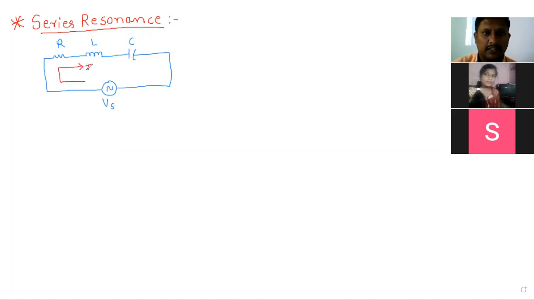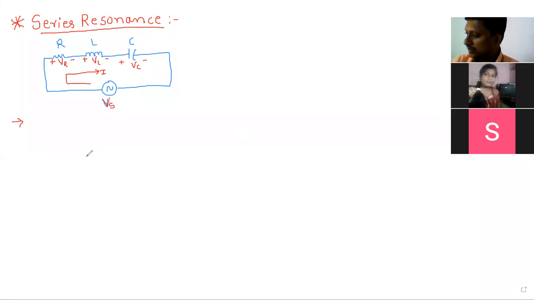The current I will be circulated in the circuit. The voltage across the resistor will be VR, the voltage across the inductor will be VL, the voltage across the capacitor will be VC, and the total voltage is VS. Okay, now we can start one by one point about the series resonance.